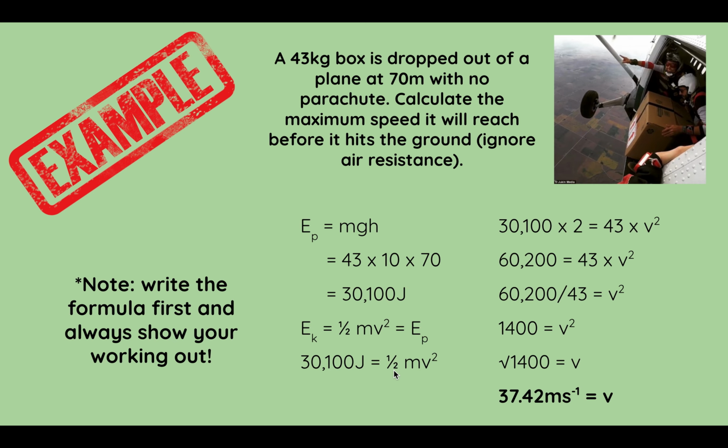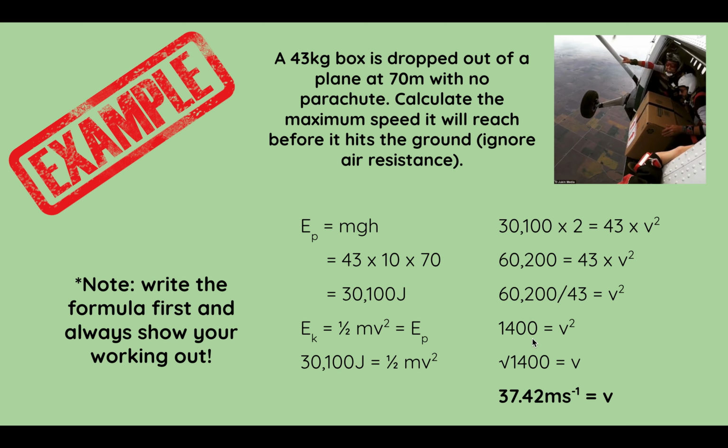So I'm going to rearrange this just like we did when we were asked to find velocity. So I'm going to get rid of the half first, times that by 2. So this side will come to 60,200, and I'll just be left with 43, the mass, times velocity squared on this side. I'm going to get rid of my mass next, my 43, so I'm going to divide both sides by 43. That leaves no mass on this side, and on this side it comes to 1400.